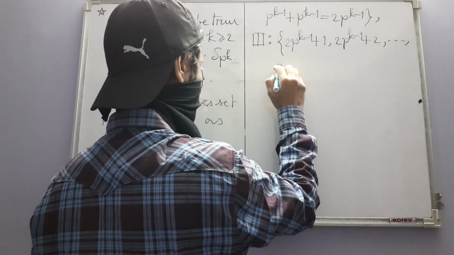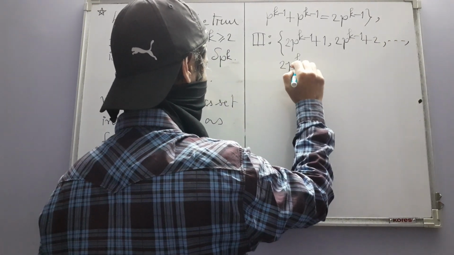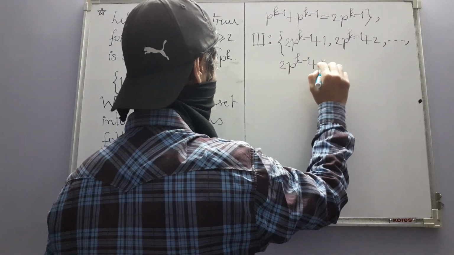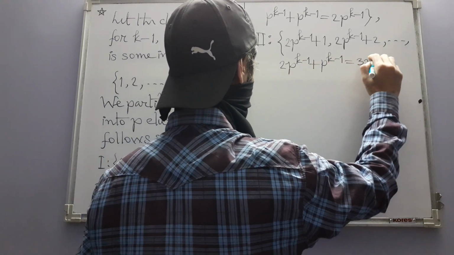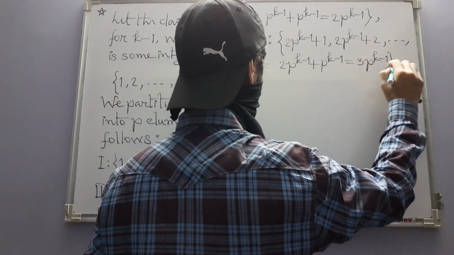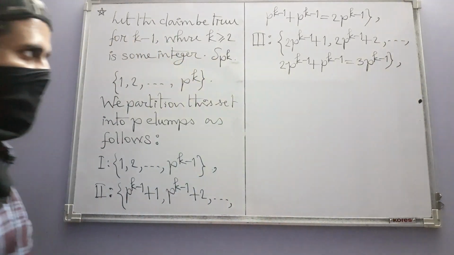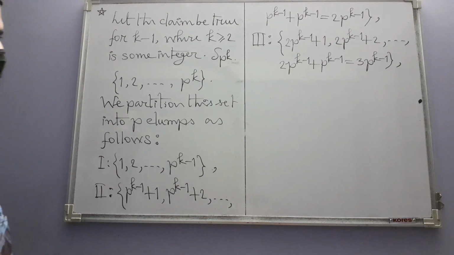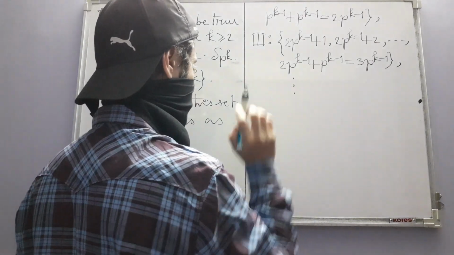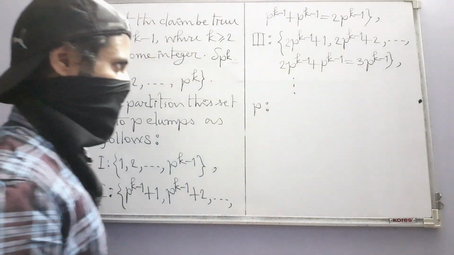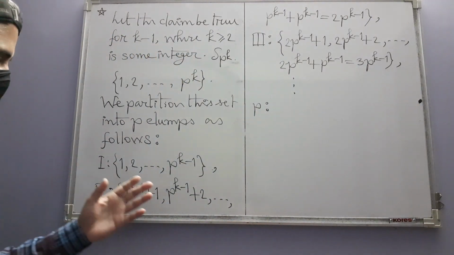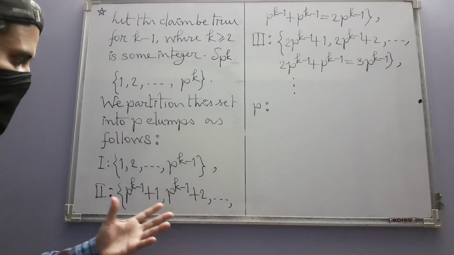Like that till, and it continues. And what about the pth clump? Let's see in what pattern these things are appearing.